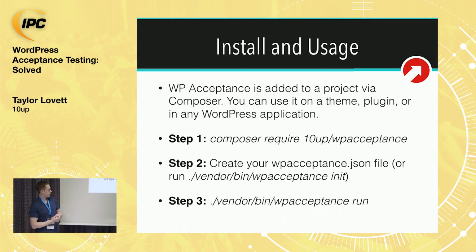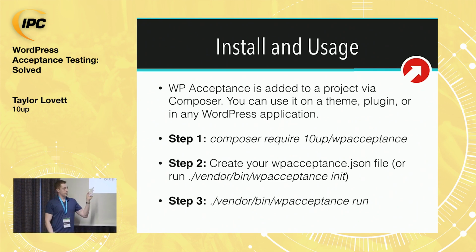That workflow is typically what we're doing, but it depends on the situation and the client. If it's an open source plugin, we're obviously adding wpacceptance.json to the root of the plugin directory. So it just depends on what works for you.